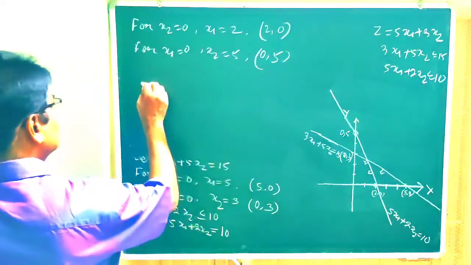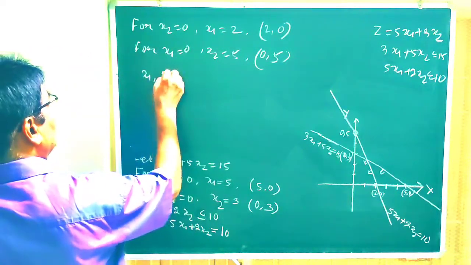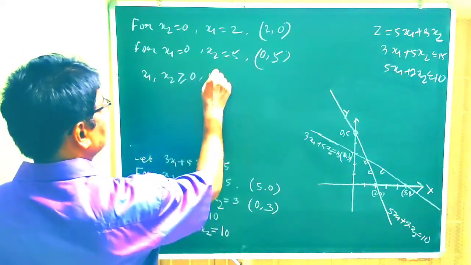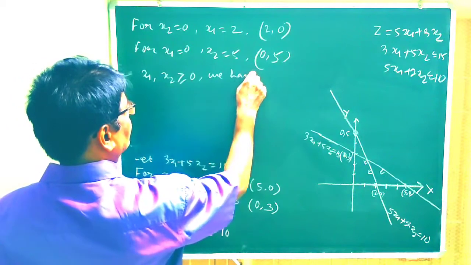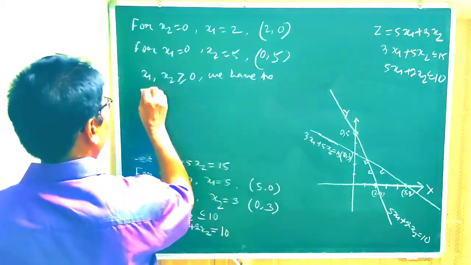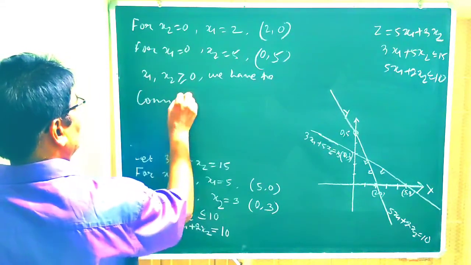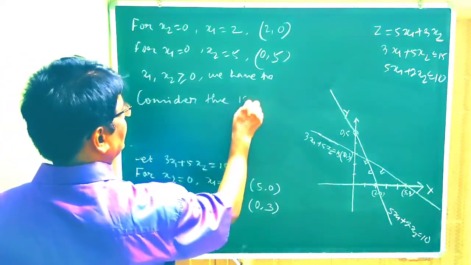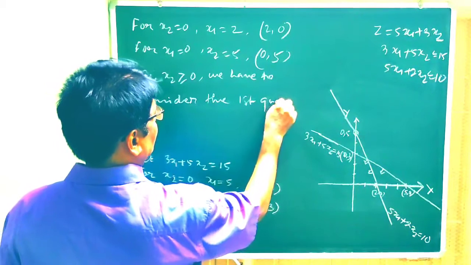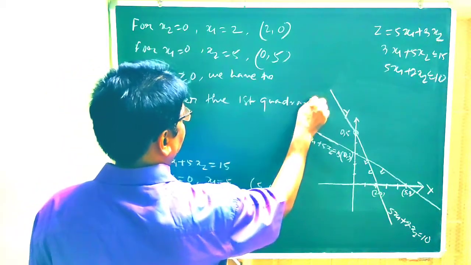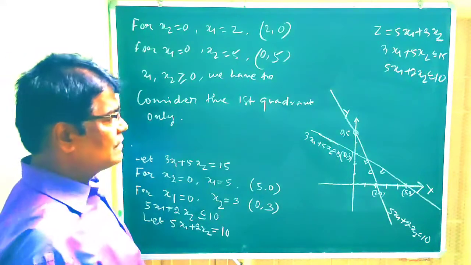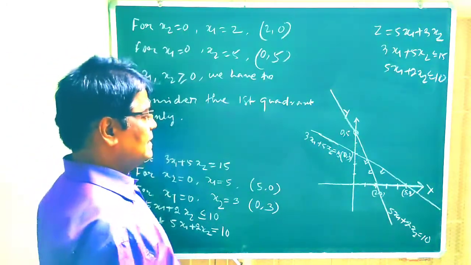As x1, x2 are greater than or equal to 0, we have to consider the first quadrant only.